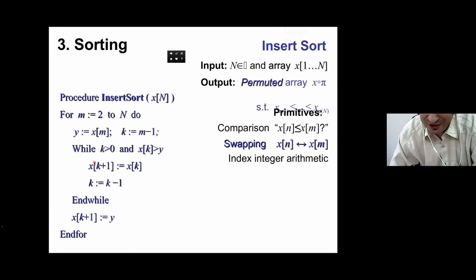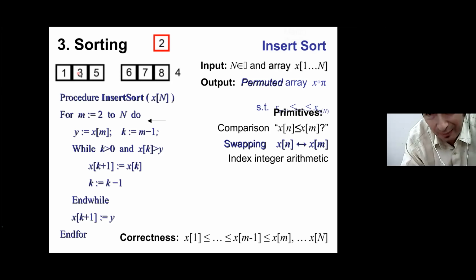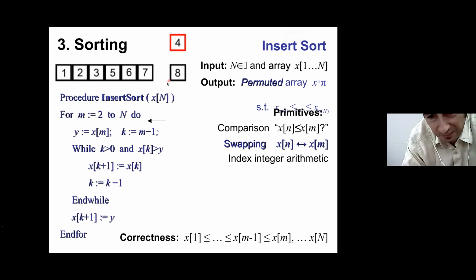You see that I'm decreasing in this loop. So I start with m minus 1 and go until 0, in fact, as long as the elements are bigger than y. So here I will have to go until this element, because this is bigger than y. And now this element is no longer bigger than y. And then what I do is I copy the elements to the right. So every time this is bigger than y, I copy it to the right.